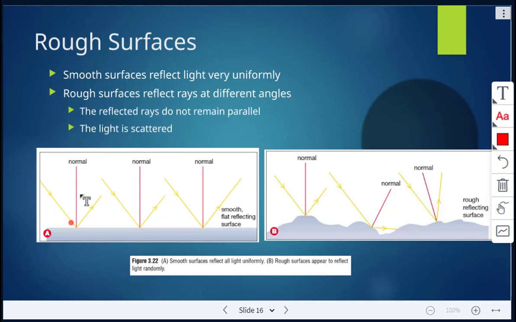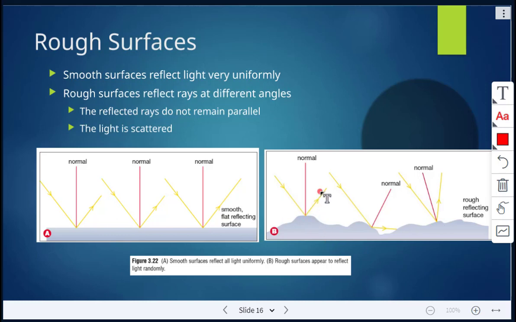If you look at the incident rays, they're all parallel. Rough surfaces reflect rays at different angles. The reflected rays do not remain parallel. So what we see here is the incoming incident rays are still parallel, but the reflected rays are not parallel.